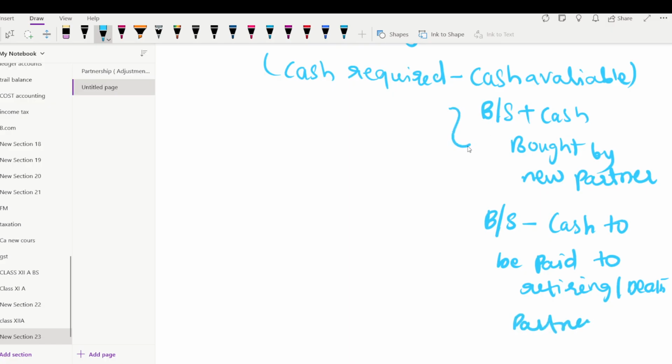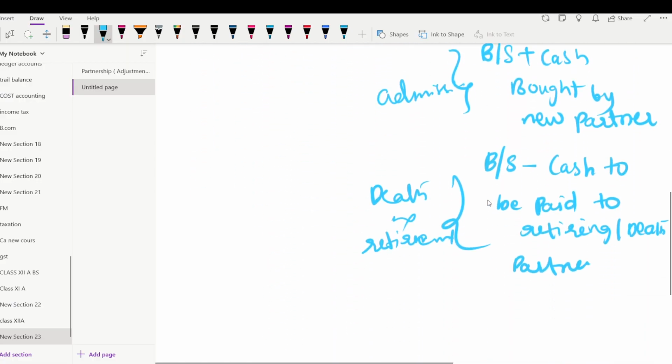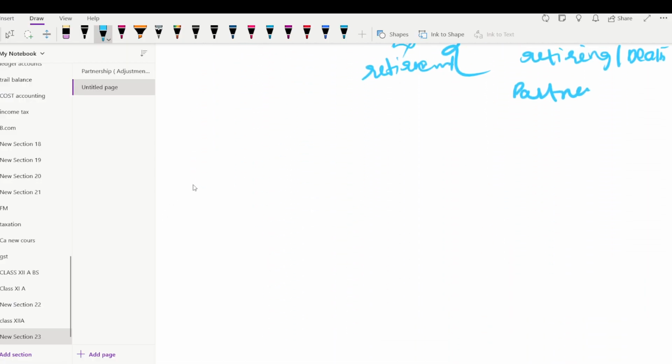This is in case of admission. This is in case of death and retirement. So if you do this, you will get it, and then you have to go to step number 3.